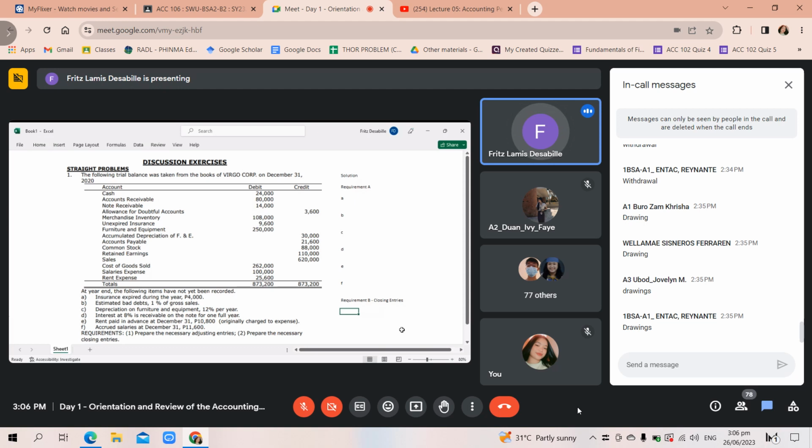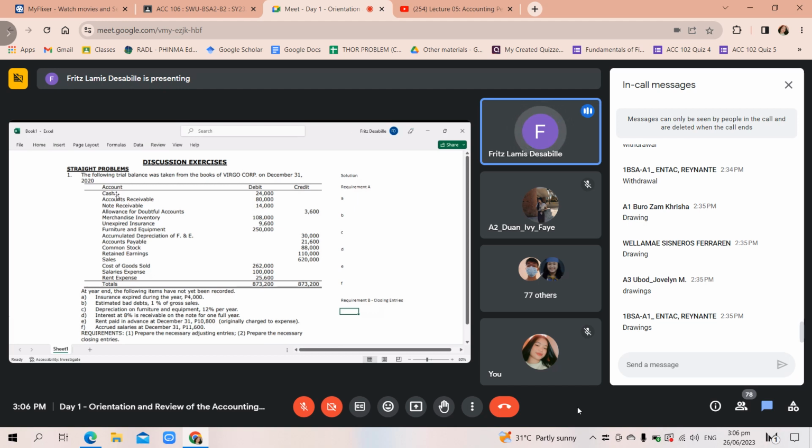After adjustment, we have an adjusted trial balance. After the adjusted trial balance, the financial statements, closing entries, and adjustment and closing entries, FS, and reversing entries.